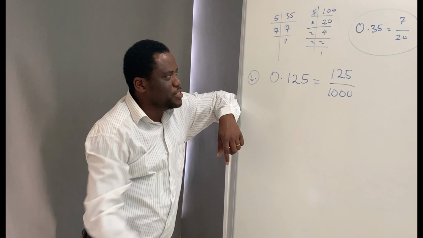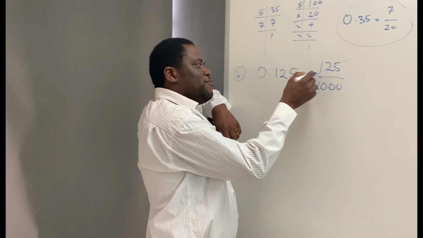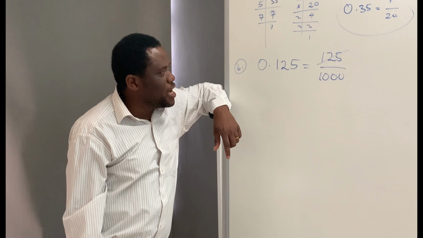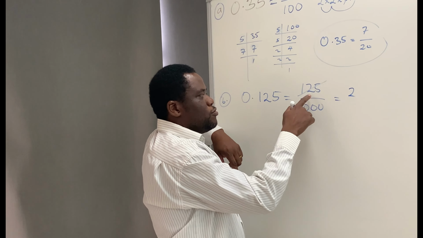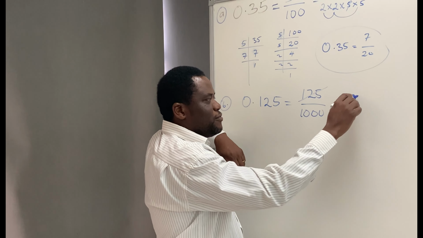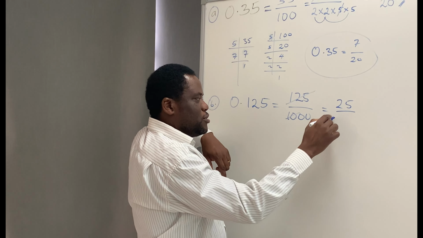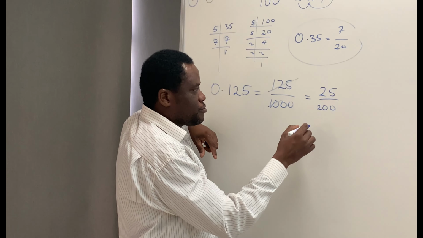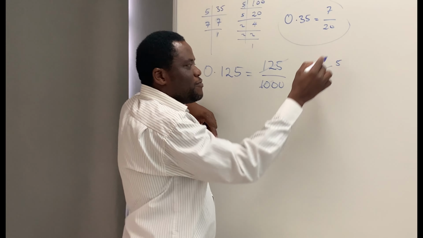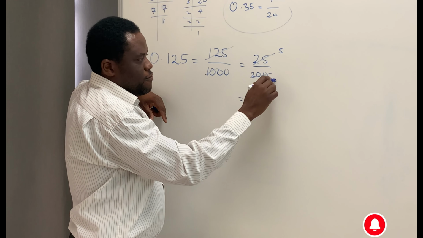If you don't want to go through this step, of course, you can just use the scissors method and start cutting. 5 goes here. How many times? 5 goes in 25, it's 5. 5 goes in 5, once. Again, 5 goes here, 5. 5 goes in 200, 40.